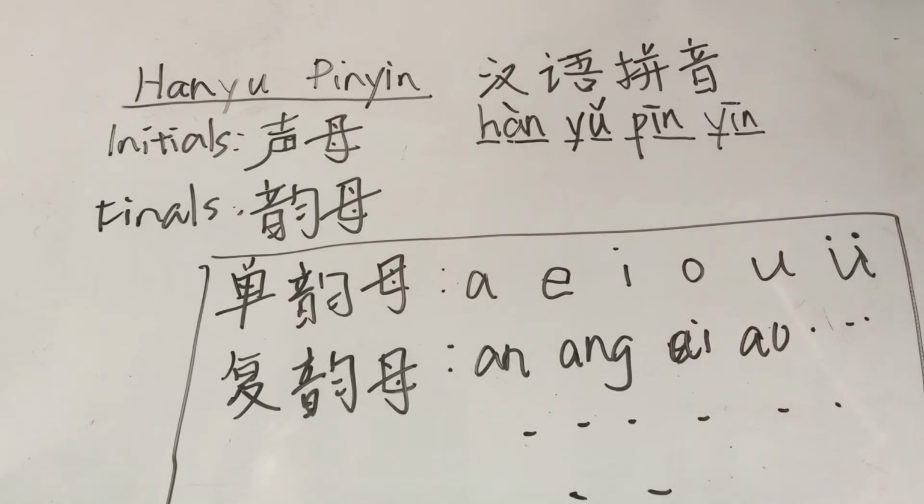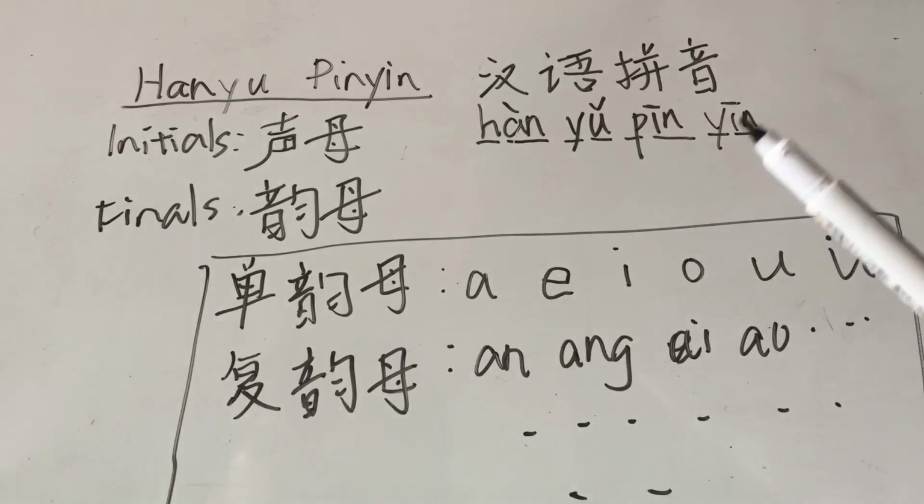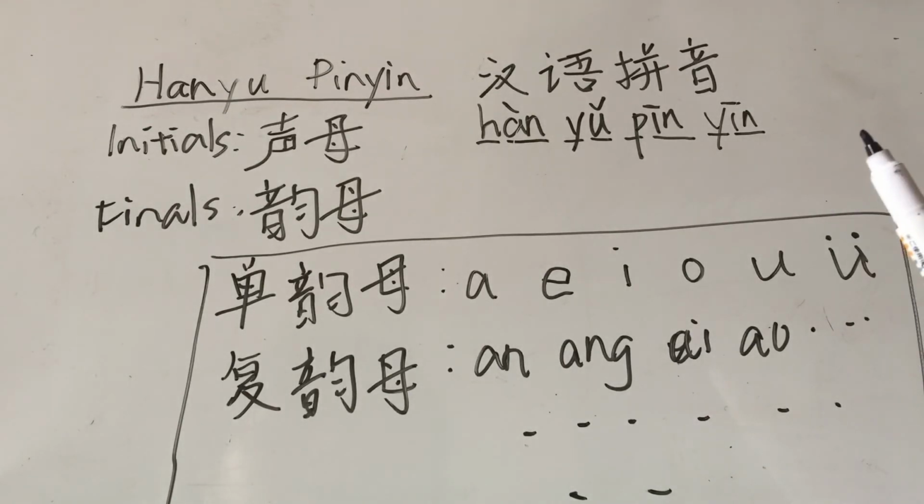There are only 4 tones plus 1 toneless, so they are considered 5 tones. If you have mastered these 3 basic groups of the Hanyu Pinyin system, you already know Hanyu Pinyin and you can pronounce all the Chinese words. So let's get started learning in the next lesson.